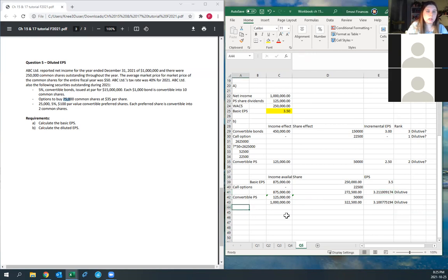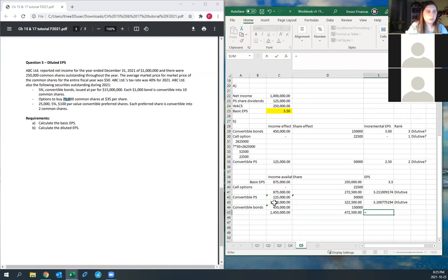And then finally, our rank 3 is the convertible bonds. Our income effect was 450,000 and share effect was 150,000. You sum them together. And same here, I could just copy.